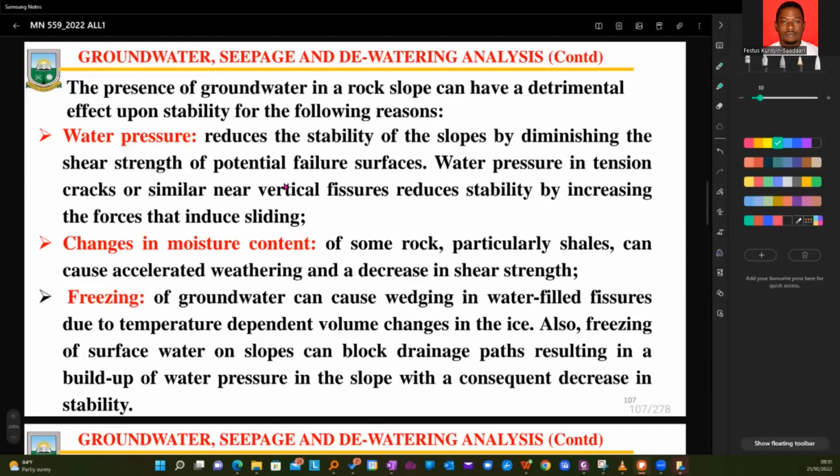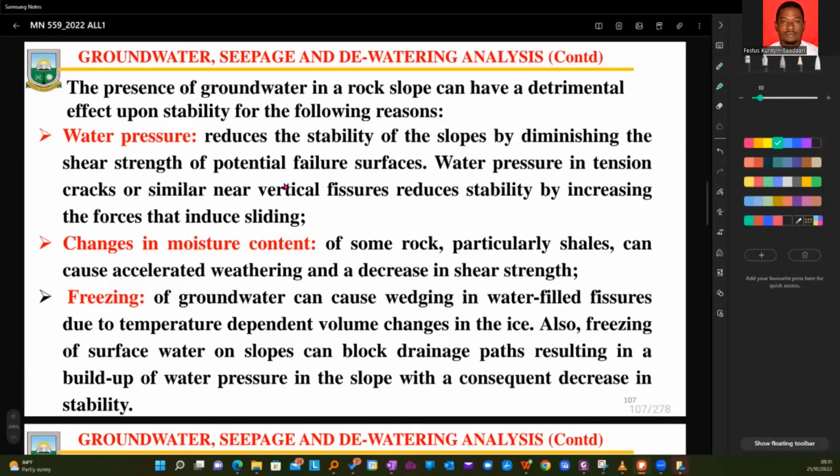Then we have changes in moisture content. Some rocks, particularly shales, can undergo accelerated weathering and a decrease in shear strength. So if the water content within a given rock is too much, it may result in accelerated weathering.